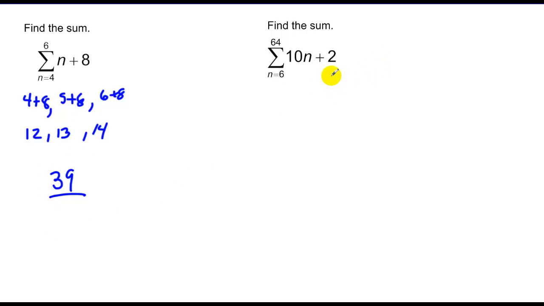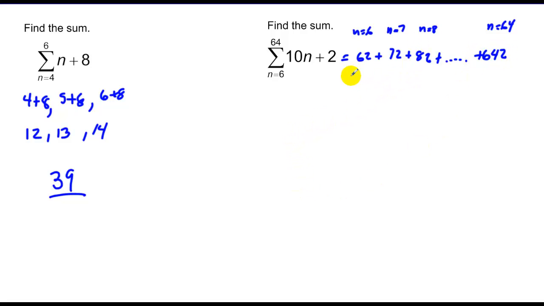Now in this case, I start plugging numbers in. Plug in a 6, and I get out 62. Plug in a 7, I get out 72. Plug in an 8, I get out 82. And I keep going until I plug in a 64, which ends up being a total of 642.